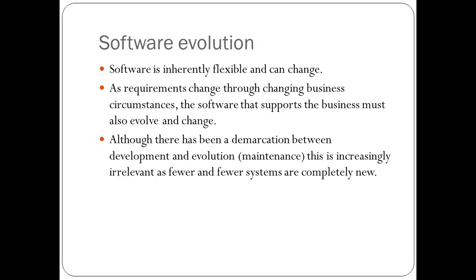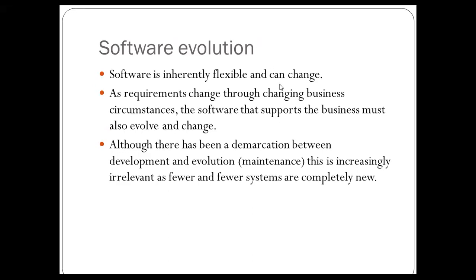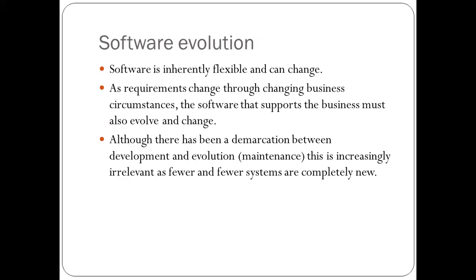So, software evaluation. In this case, you can check that software is inherently flexible and can change. Software must be flexible, and as per requirement you can change it even at the end. Requirements change through changing business circumstances. Sometimes the requirement changes due to a change in the business, or different circumstances may occur.